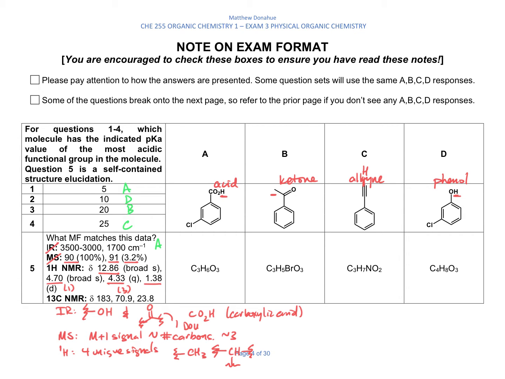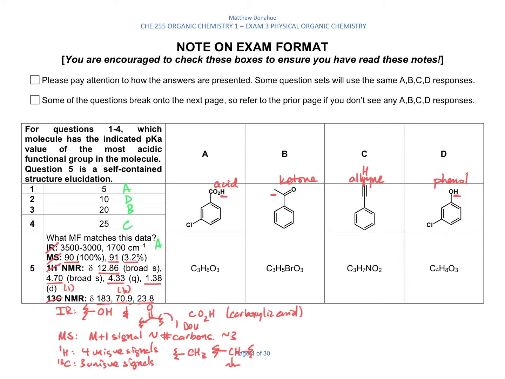And then we look at the C13 data. And we see there's 1, 2, 3 unique signals. And we already know the 183 is going to belong to the carbonyl. Then we see a 70.9 and a 23.8.